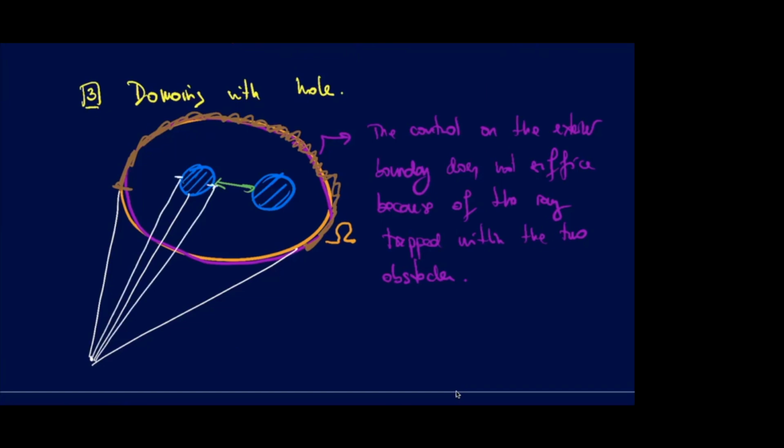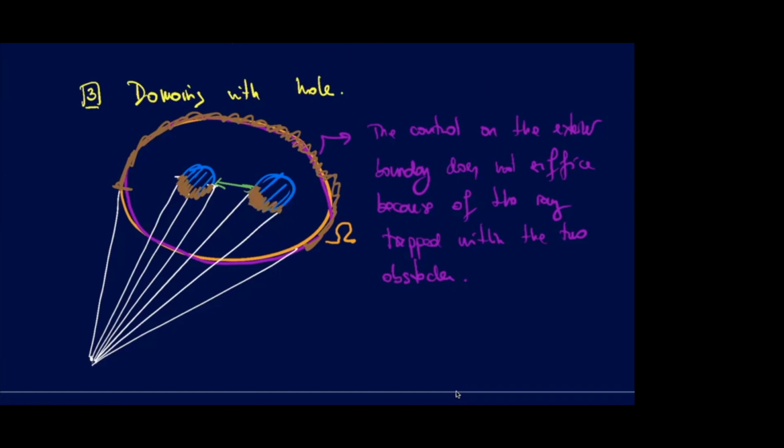And therefore, I will have also controlling here. They will also do it when the rays exit the domain, which means penetrating into the blue region, which is the obstacle out of the domain. So the control could be here.